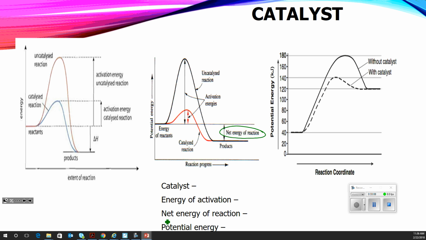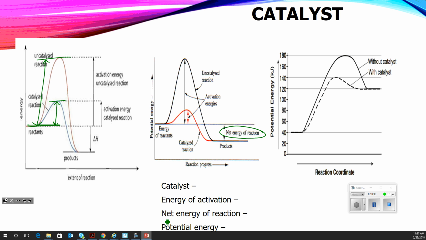Okay, yes? The activation energy is from the reactants to the top of the curve. This is without a catalyst, this is with a catalyst, but it's always from the reactants to the top of the energy curve. The change in energy, now notice I'm saying change in energy instead of delta H because it can be other things besides heat.